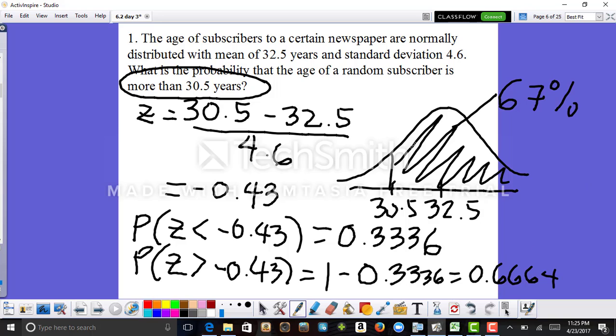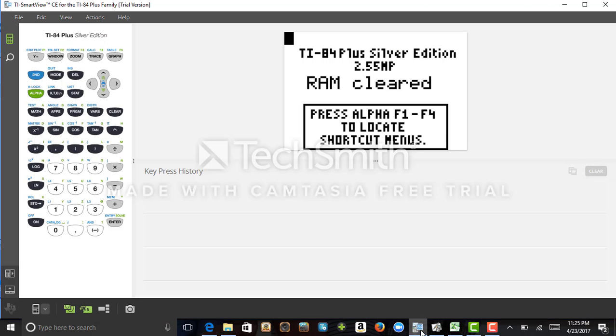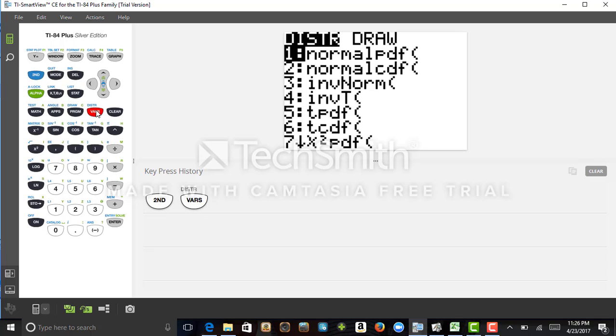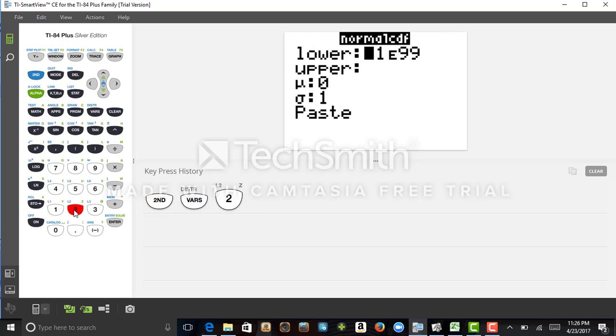Another way of solving that is using the TI-84. In your TI-84, you just press second, then the distribution menu. Normal CDF will be number 2. The default lower bound here is negative E99.